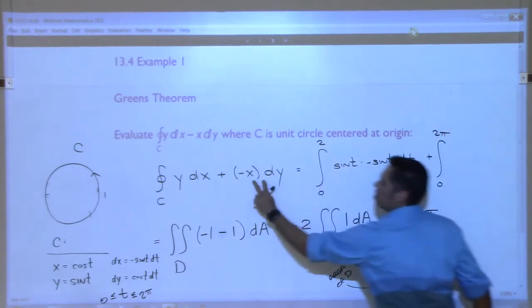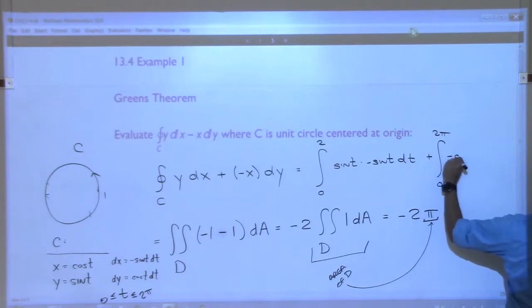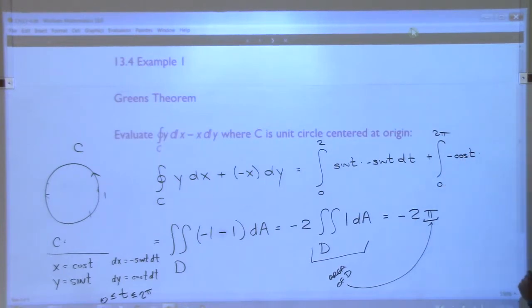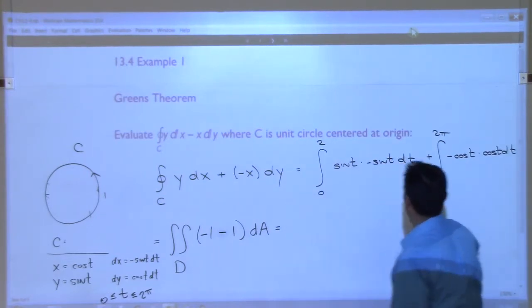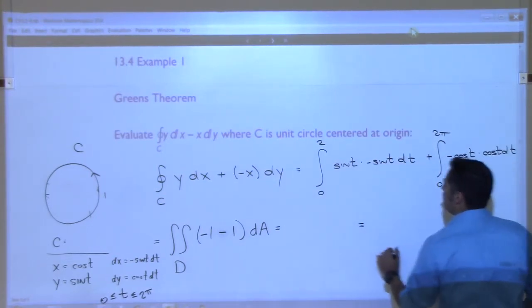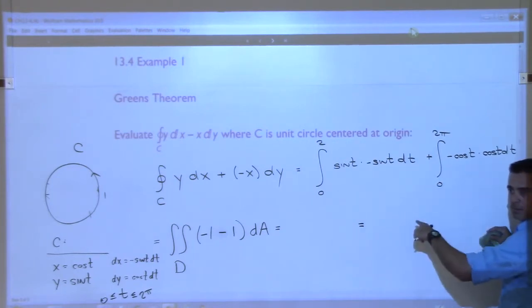So now I'm doing this one. Negative x, which would be negative cosine t, times dy, which is cosine t dt. And I could put that all into one integral, couldn't I? Yeah. So if I put that all into one integral and then factor out a negative, what would I get?